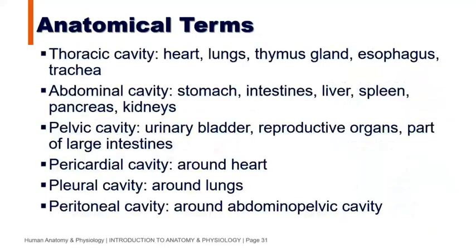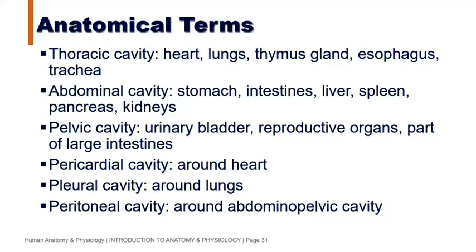Now let's move to the thoracic cavity, composed of your heart, lungs, thymus gland, esophagus, and trachea. Then you now have your abdominal cavity, composed of your stomach, intestines, liver, spleen, pancreas, and kidneys.